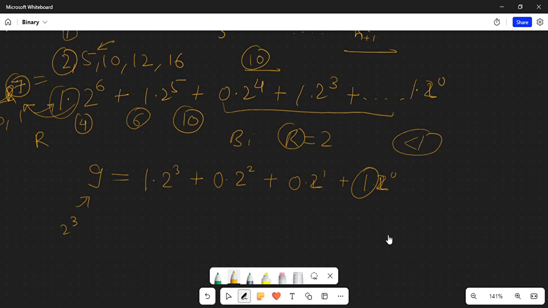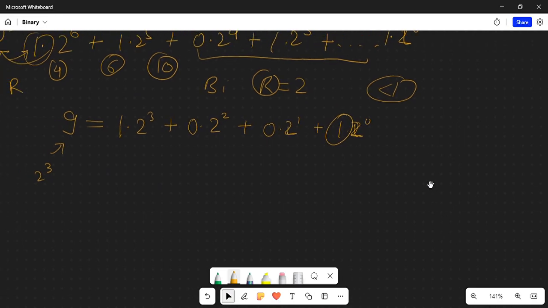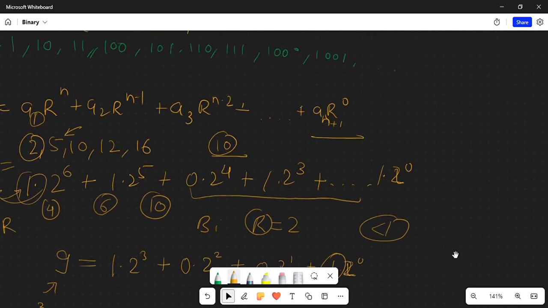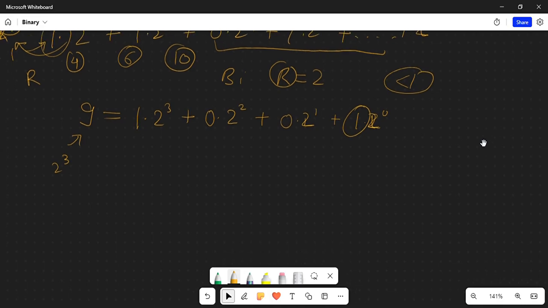As we have noticed in any radix, for example in decimal, we write these numbers one after the other as a representation of any quantity. For example, 1024 in decimal is actually 1 into 10 raised to 3 plus 0 into 10 square plus 2 into 10 plus 4 into 10 raised to 0.